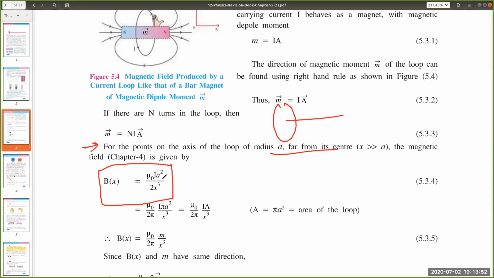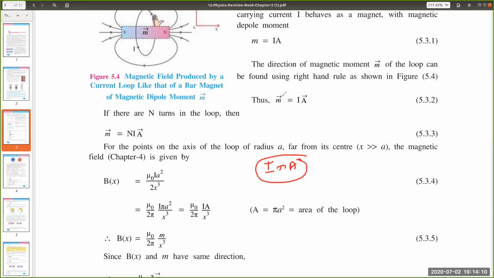He's putting a pi up, pi down, and then writing it like this: mu naught by 2 pi, I into pi a square by x cube. Just rearranging terms. What is I into pi a square? It is the magnetic moment, I into area. So he's writing B of x as mu naught by 2 pi, m by x cube.